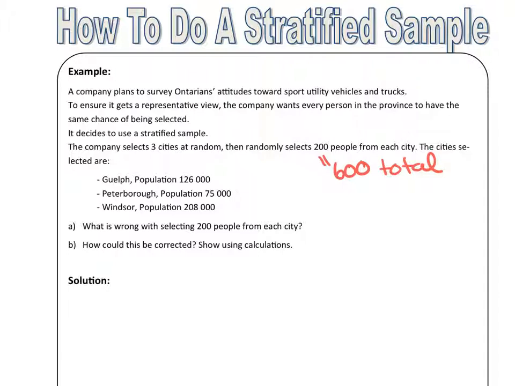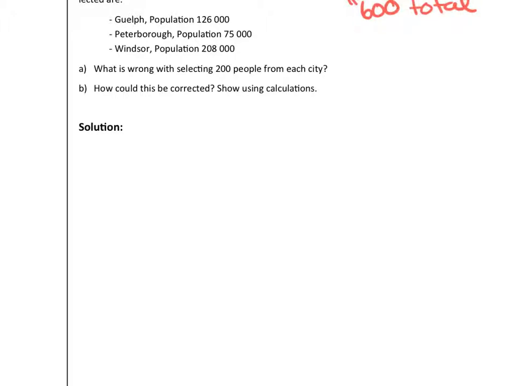Guelph has a population of 126,000, Peterborough 75,000, and Windsor 208,000. The question is, what is wrong with selecting 200 people from each city? The answer: it's not representative because the cities are different sizes. It makes more sense to interview more people from the bigger cities than from the smaller city like Peterborough.